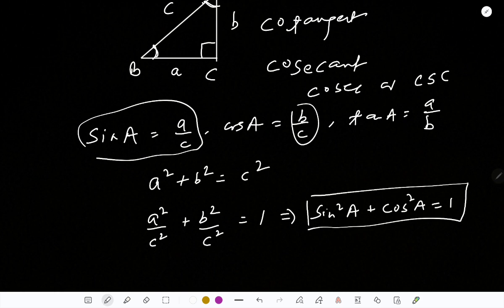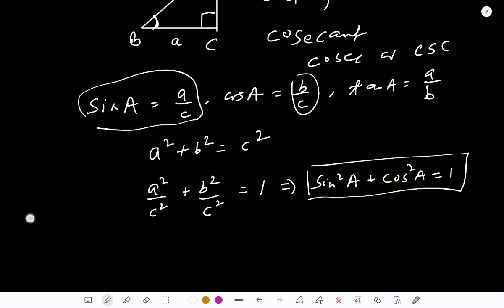That is an important result as well as very popular. You can write it for any angle. So in case you want to generalize this relation for any angle theta, you can write sin square theta plus cos square theta equals 1. Though it is originally derived for acute angles, you can use it for any angle.